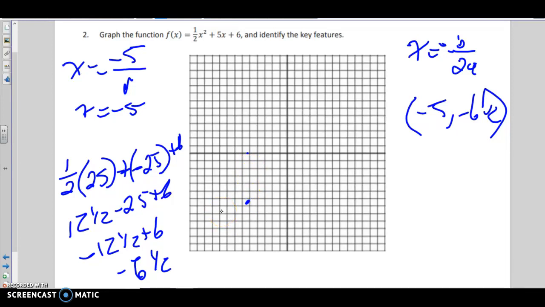Because a is positive, I know it's going to open upwards. I know my y-intercept is going to be at 0, 6.